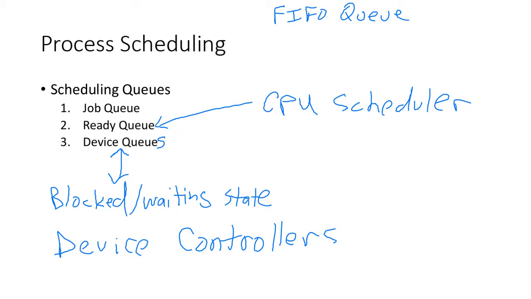The device queues don't necessarily have to be FIFO queues, because when an I/O operation completes, a process in that queue could be at any place, probably in a linear list. If the process is in the middle of the list and the I/O operation completes, the device controller issues a hardware interrupt, so the operating system knows.